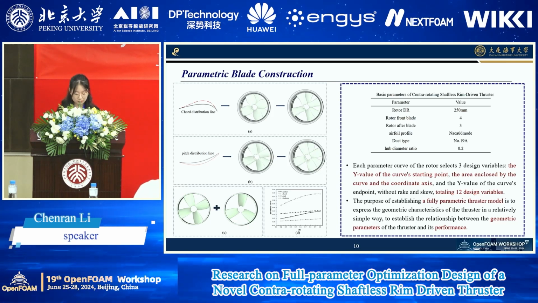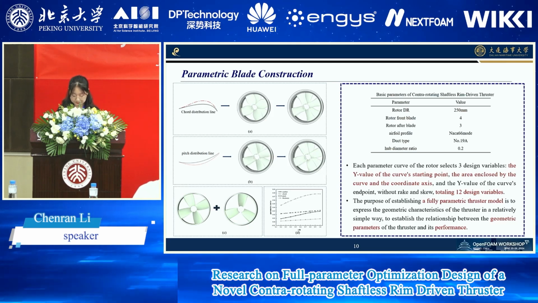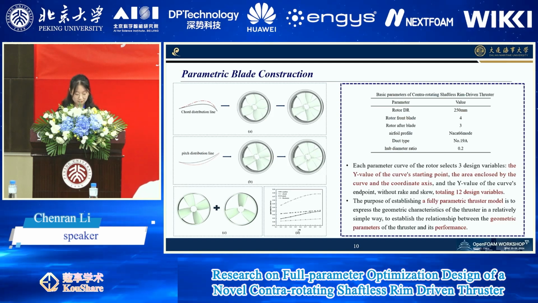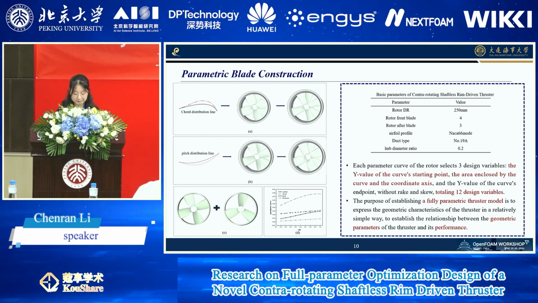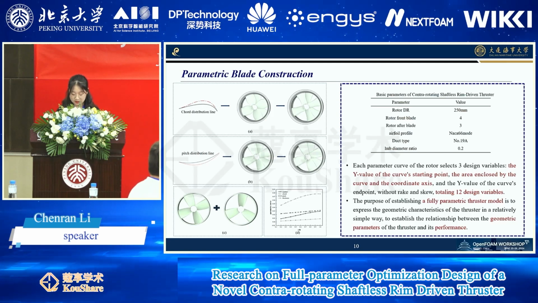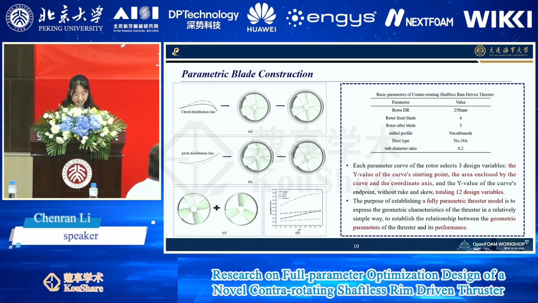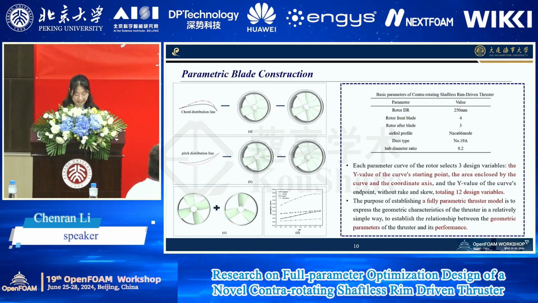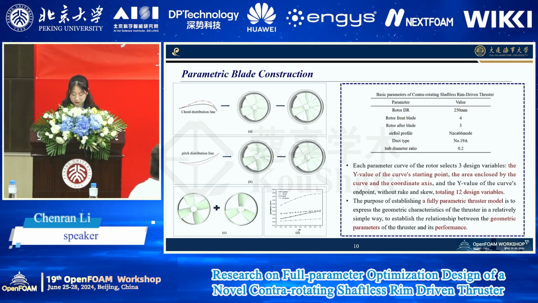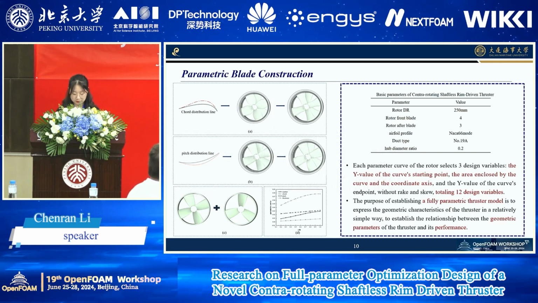The figure shows the mapping relationship between the characteristic parameter curves and the thruster. Each parameter curve of the rotor selects three design variables: the y value of the curve's starting point, the area enclosed by the curve, and the y value of the curve's endpoint, with no rake and the scale, totaling 12 design variables.